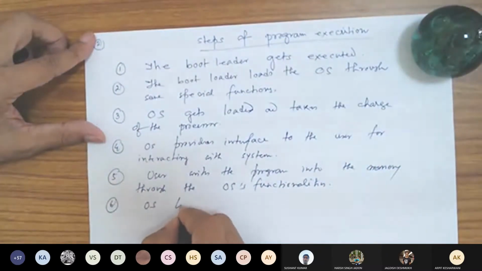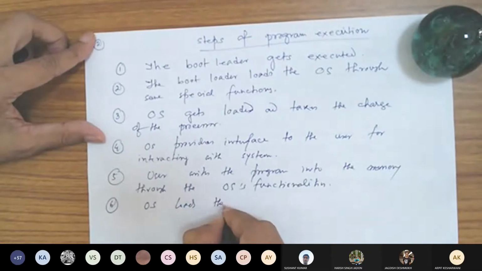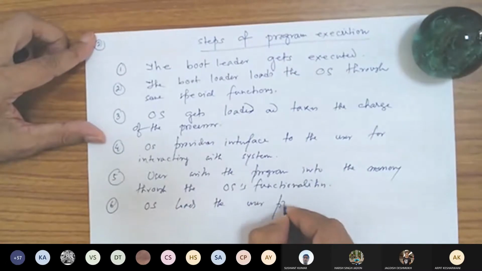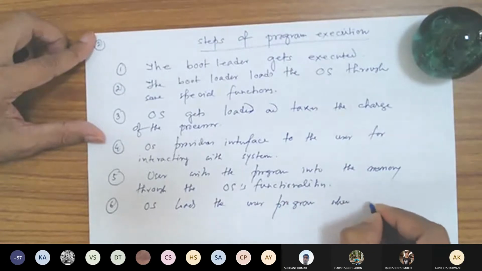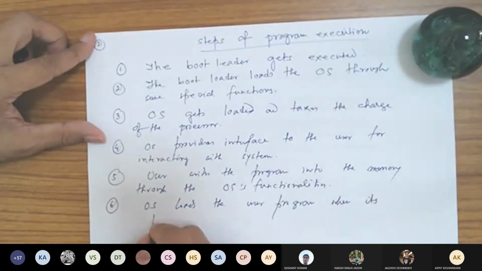The OS loads the user program when its turn arises.